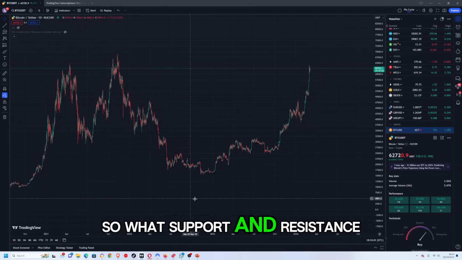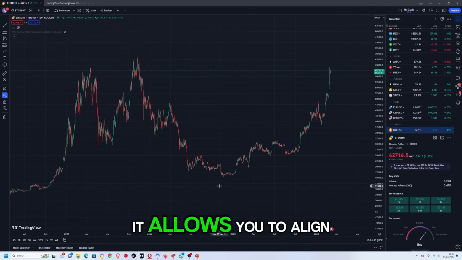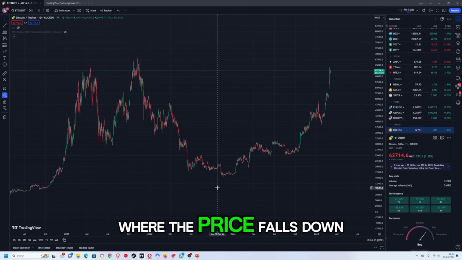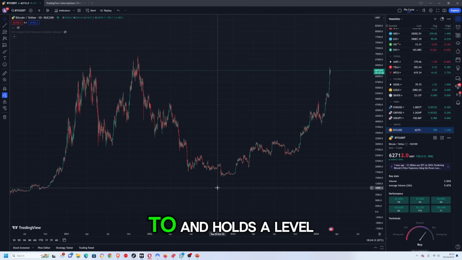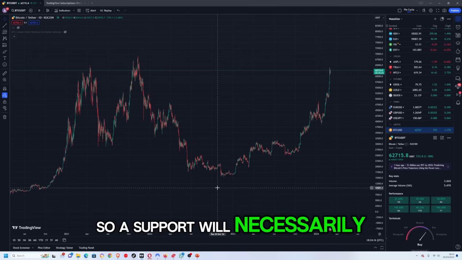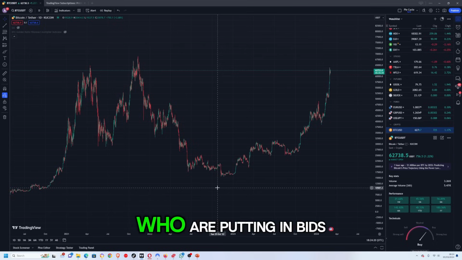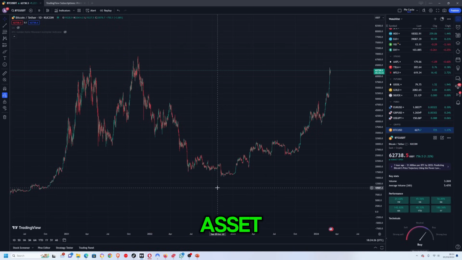So what do support and resistance do? It allows you to align where support is, where the price falls down to and holds a level. A support will necessarily mean where there are buyers coming in who are putting in bids for their buys, where they are likely to buy the coin or the asset or anything.